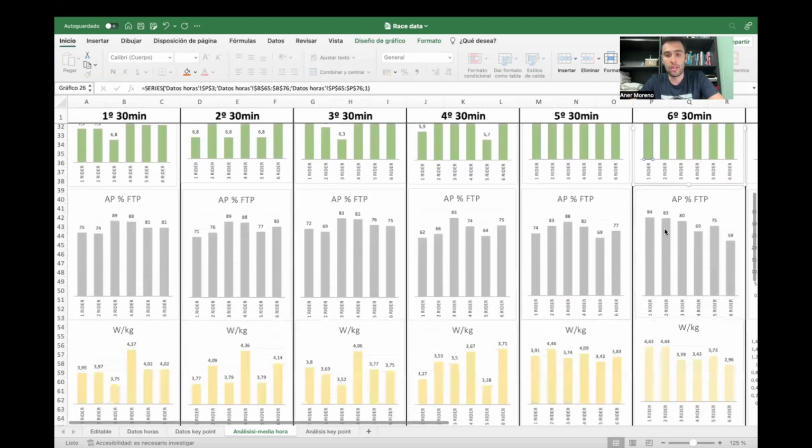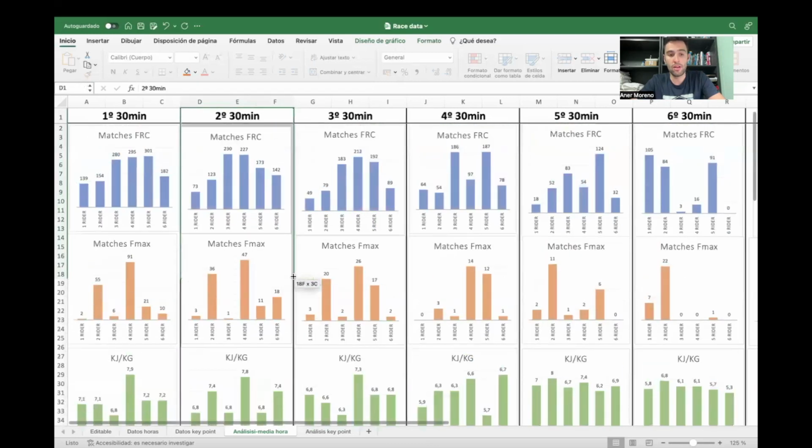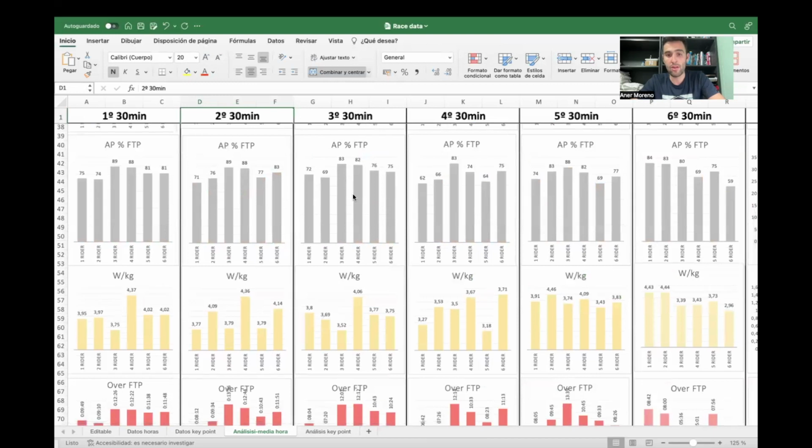Also, taking into account average power, percentage of the FTP, those two riders, we can see they have spent much less than the other ones. Also on the second half an hour, the third half an hour, and as we can see, the last half an hour, they spend much more.